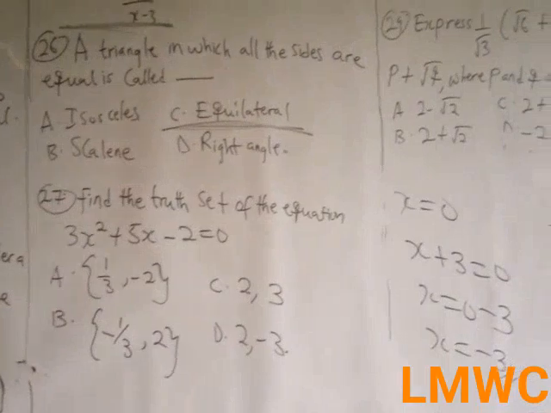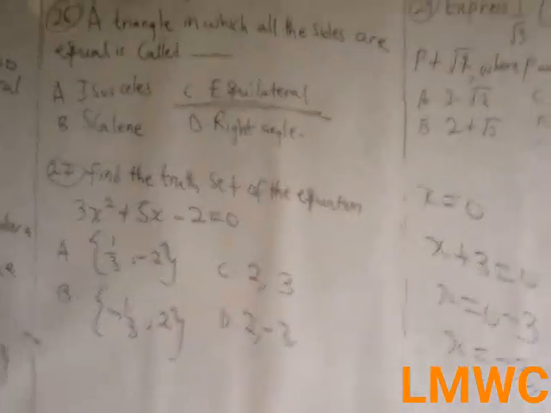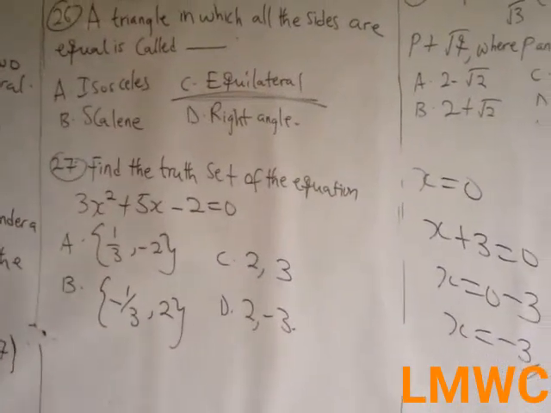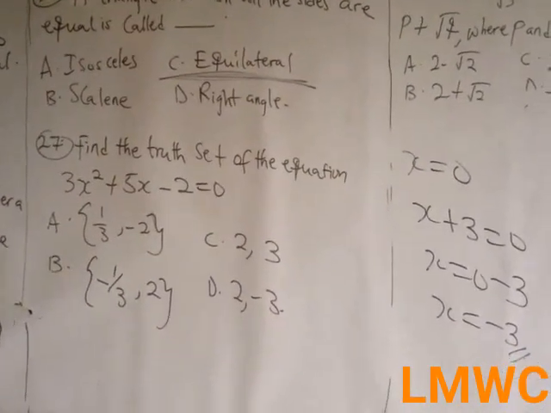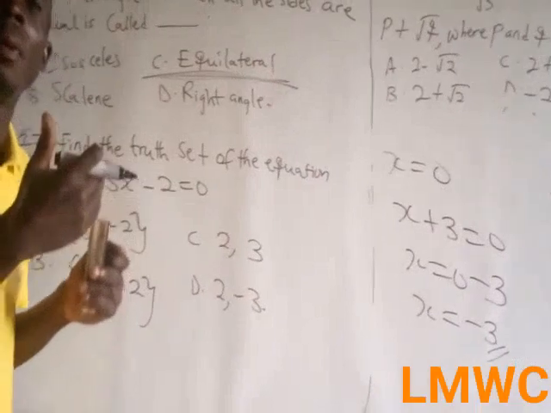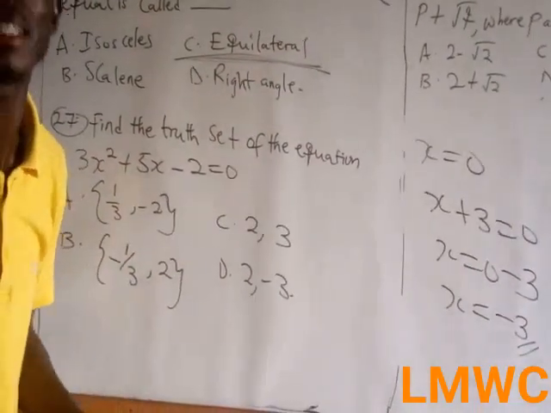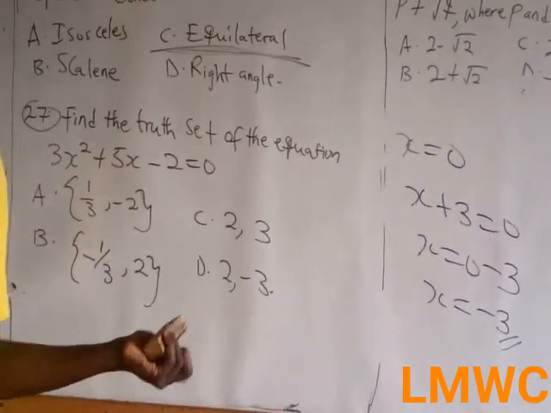You can meet this in an objective question. Please and please, my noble students, if you meet an objective question and you cannot solve it, please move on to the next question. Other than that, you will be far behind time.